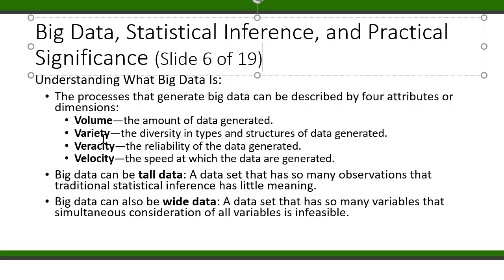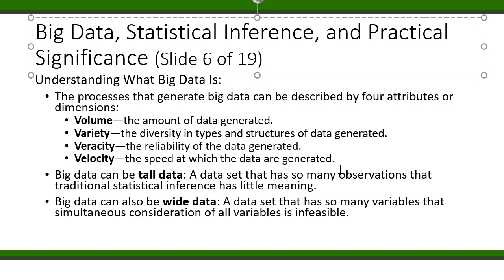Those are different types of data, and now we need to have some way to analyze it. We look at the veracity or the reliability of the data generated, and then the velocity, how fast is it coming? So with that jet engine I was speaking about, that's coming almost immediately with those sensors.